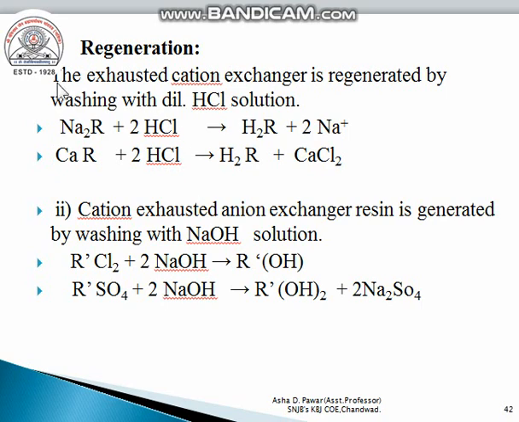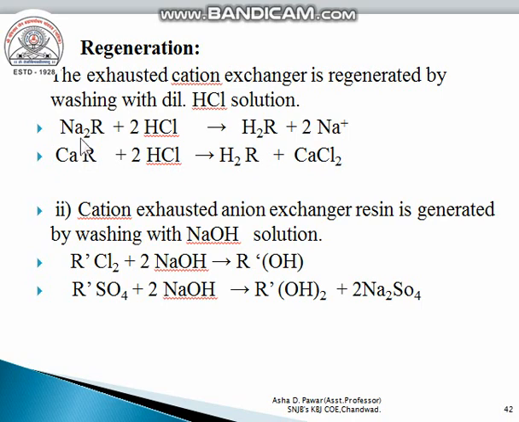The exhausted, that is inactive, cation exchanger bed is regenerated using dilute HCl solution. At the top there is one inlet for this dilute HCl on the cation exchanger bed.